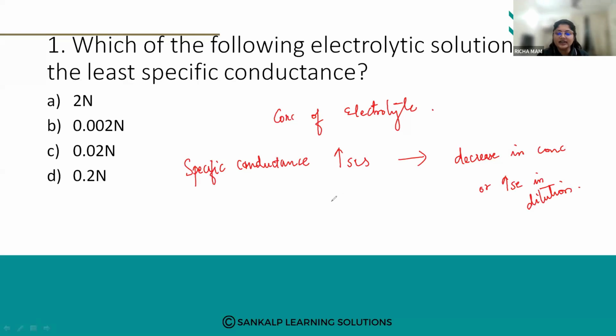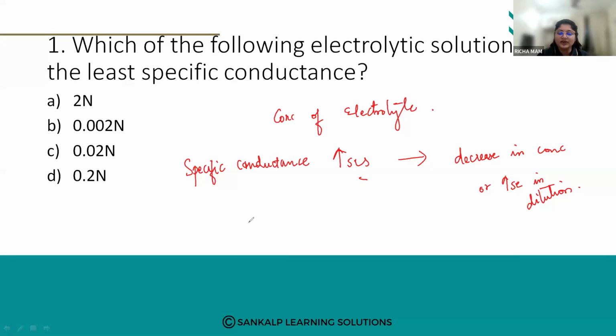It varies with the concentration of the electrolyte. The specific conductance of an electrolyte increases with the decrease in concentration, or with the increase in dilution.